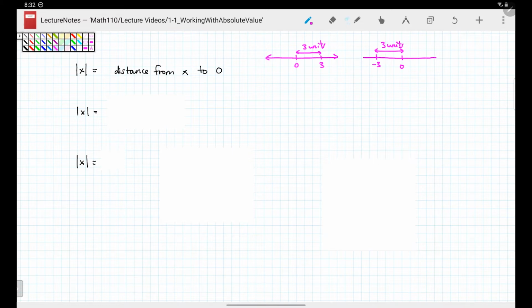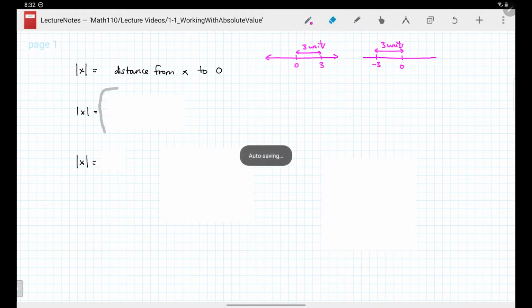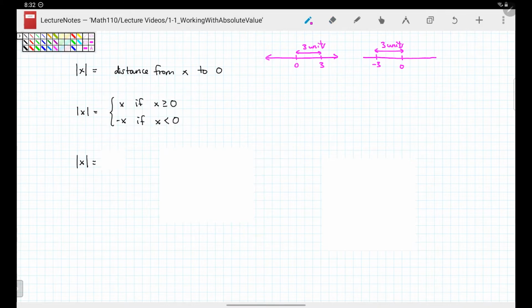So another definition that you might remember is that the absolute value can be defined in this piecewise manner. The absolute value of x is x if x is positive, and the absolute value of x is the opposite of x if x is negative.